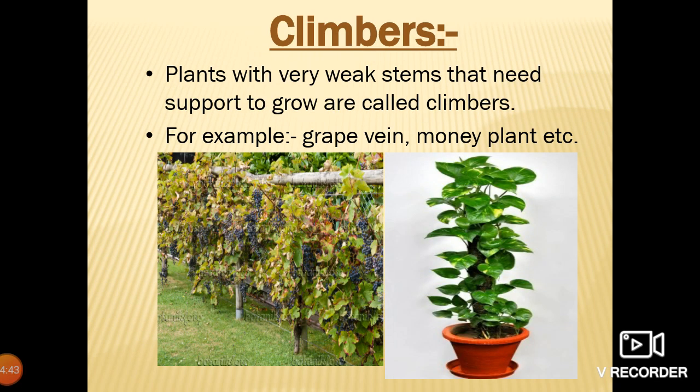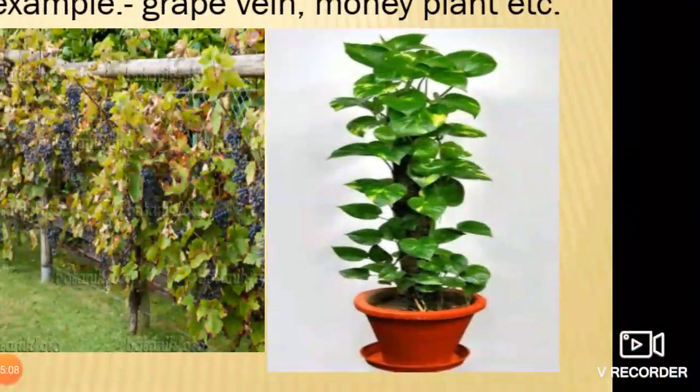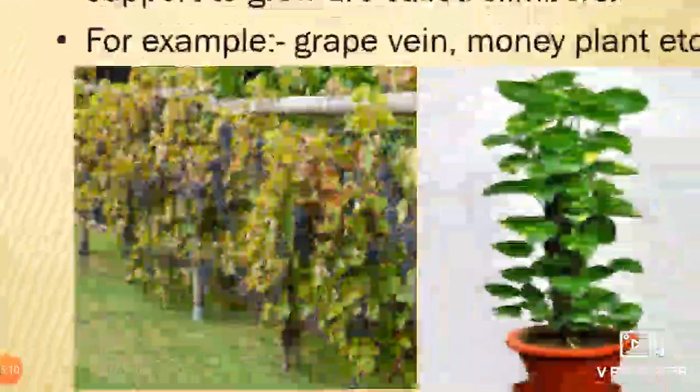The next is climbers. Stems of some plants are weak. They cannot stand erect on their own. They need the support of another plant or sticks to stand. These plants are called climbers. As you can see in this image, these are examples of climbers.